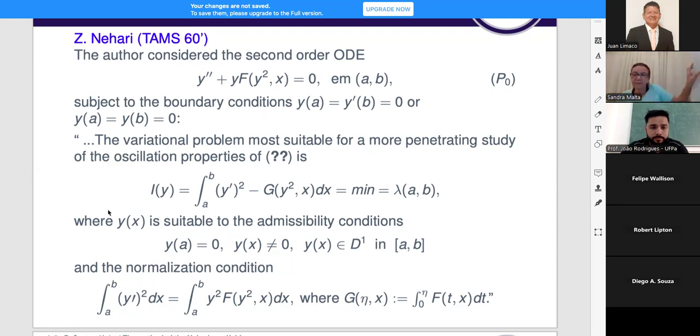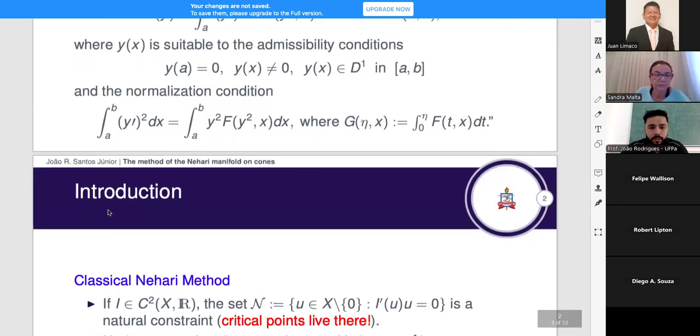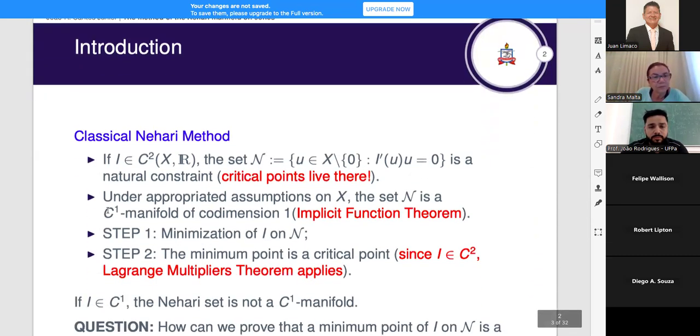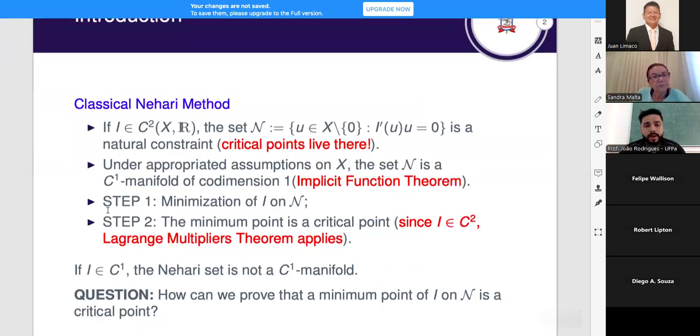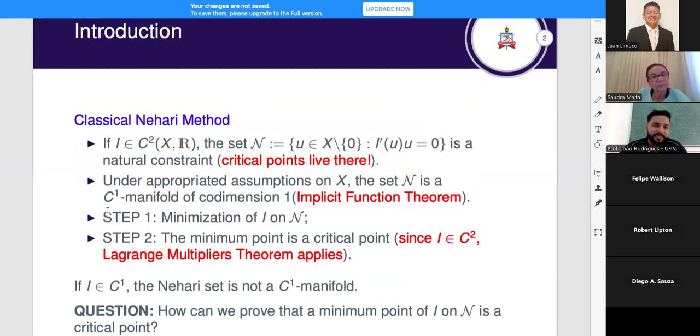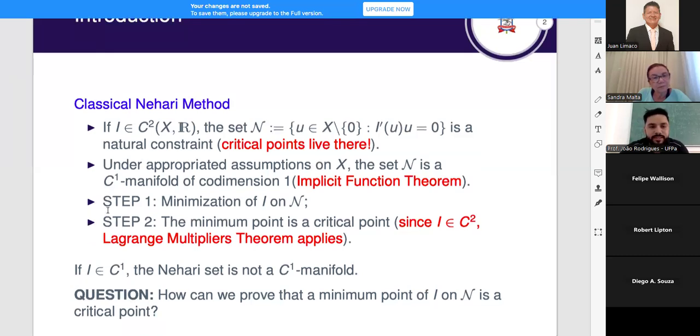So let me tell you some words about this approach, which is today known as the Nehari method, and the classical approach we can use in order to follow the ideas of Nehari is following these steps.